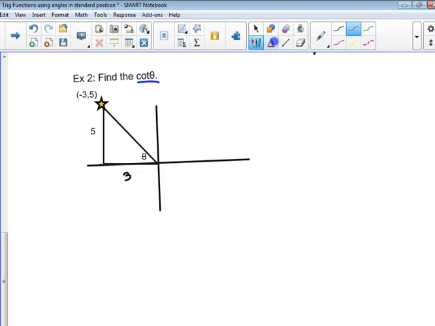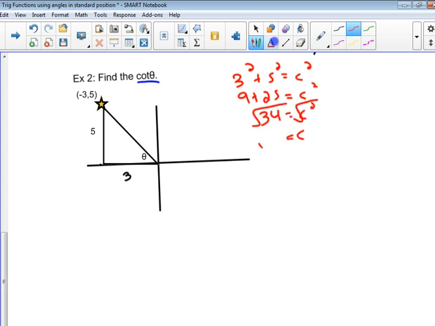Think of it this way: it has to be bigger than 7. Did you guys get radical 34?